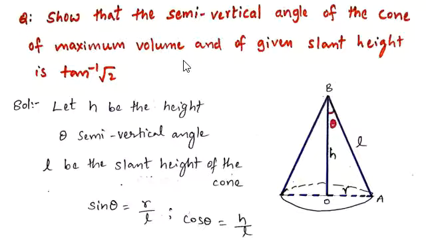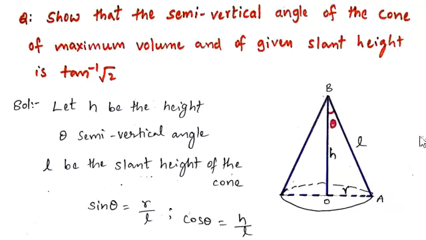That root we substitute in the second derivative, and if we get a negative value, then at that root the quantity is maximum. So by using that concept we will show that the semi-vertical angle of this cone of maximum volume for given slant height is tan inverse root 2.